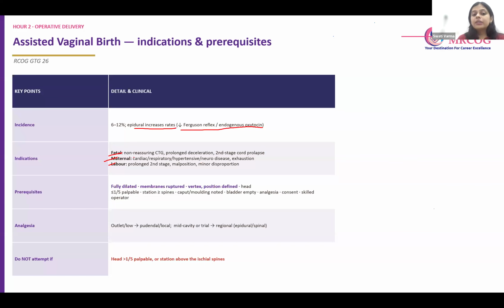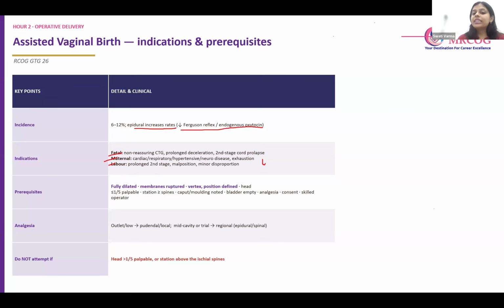Or the mother is having any cardiac condition, respiratory condition, hypertensive or neurological disease, or she is exhausted. Now, these also don't demand routine shortening of the second stage of labor. But you have to always individualize the case.